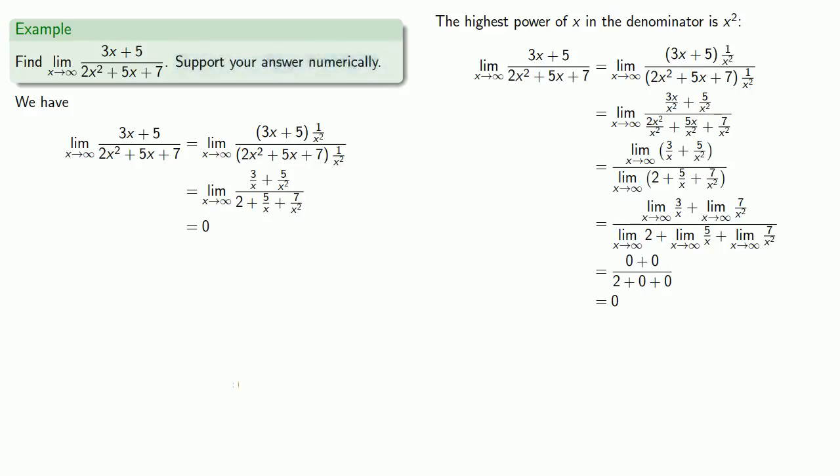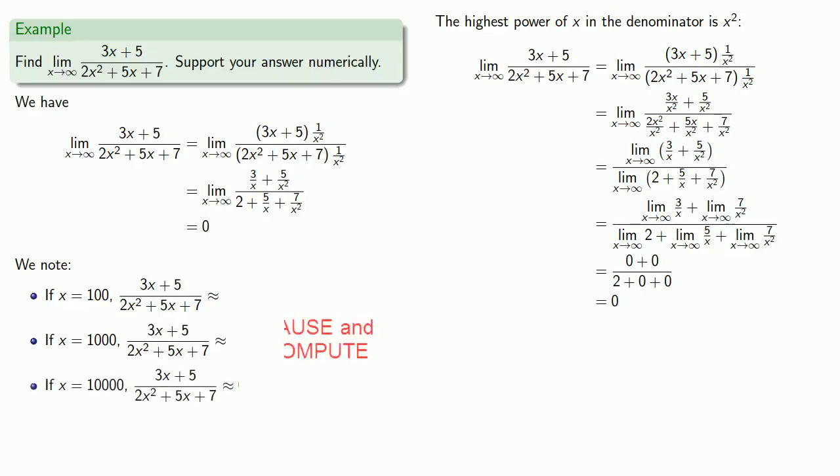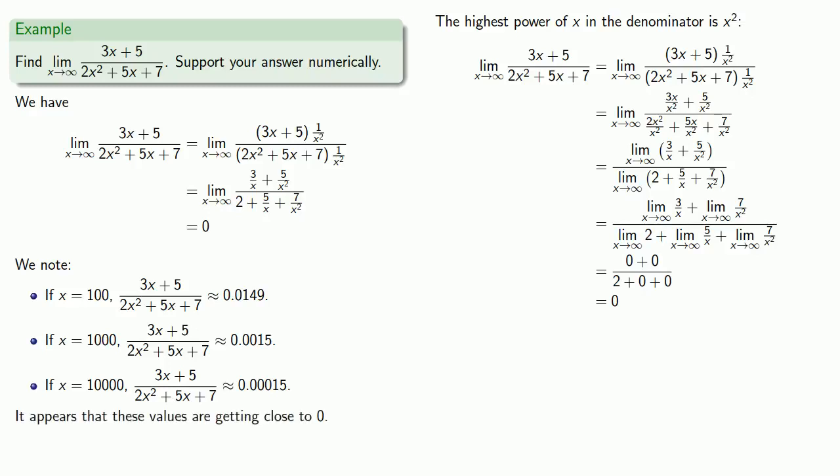So we're trying to find out what happens to this expression as x gets larger and larger. So we'll pick some large values for x at x equals 100 or 1,000 or 10,000. It appears we are getting values close to 0, which supports our claimed limit of 0.